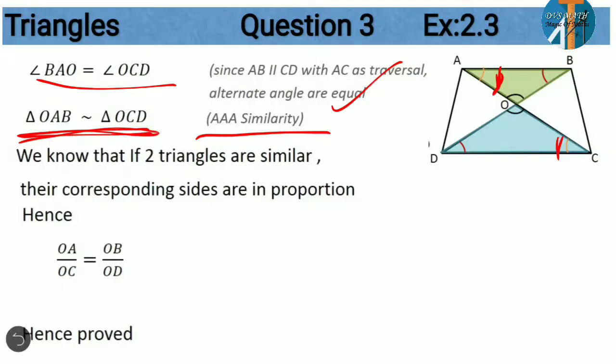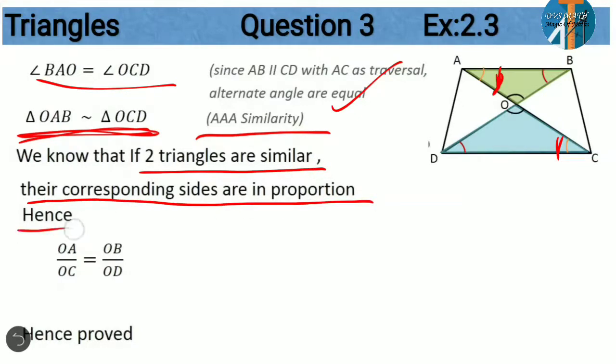Now, if two triangles are similar, their corresponding sides are in the same ratio, right? So what we concluded is that if two triangles are similar, their corresponding sides are proportional.